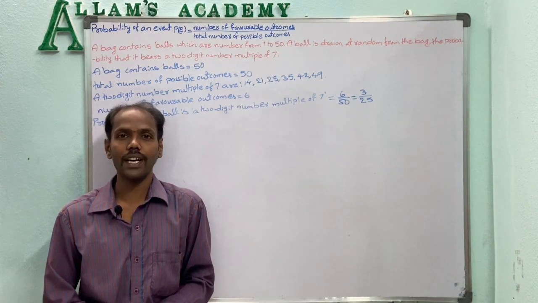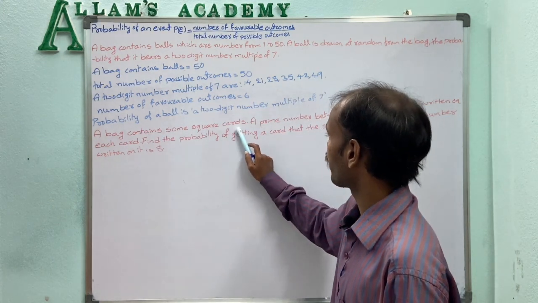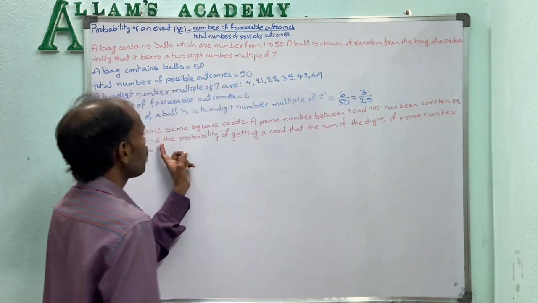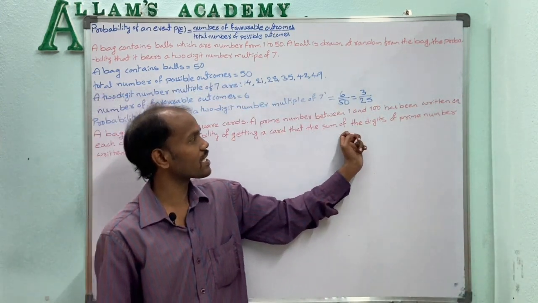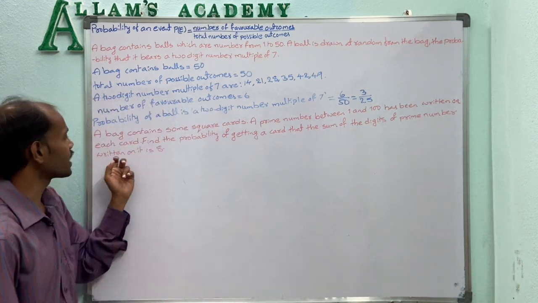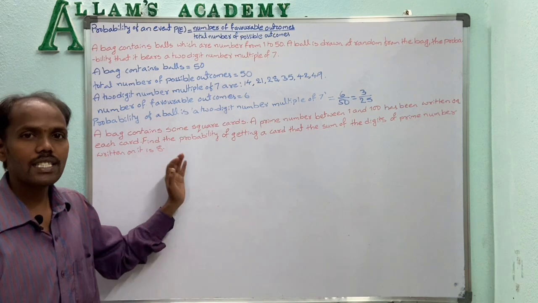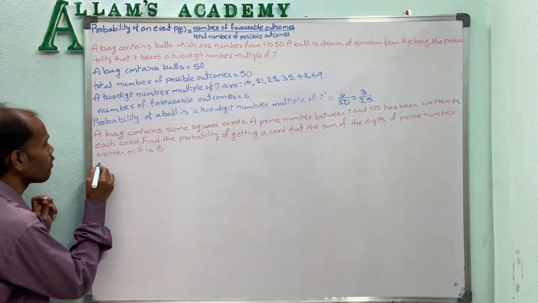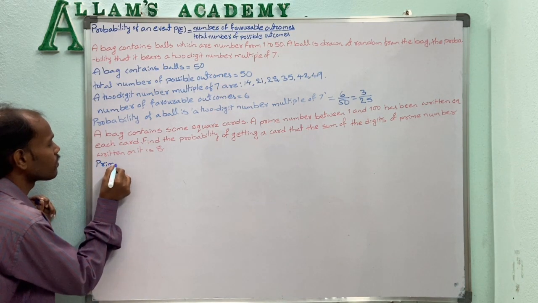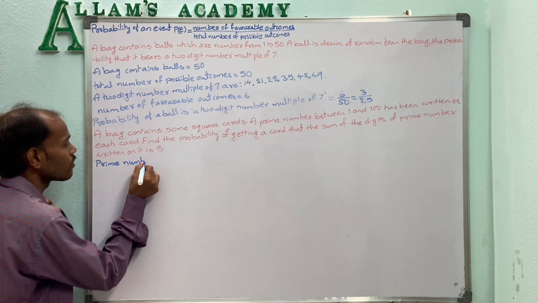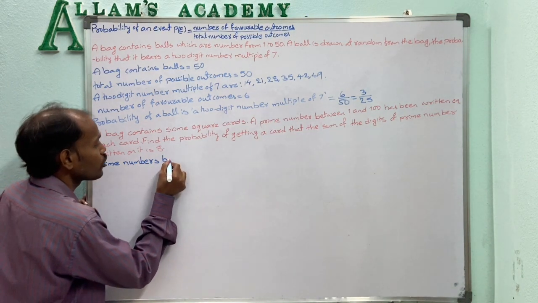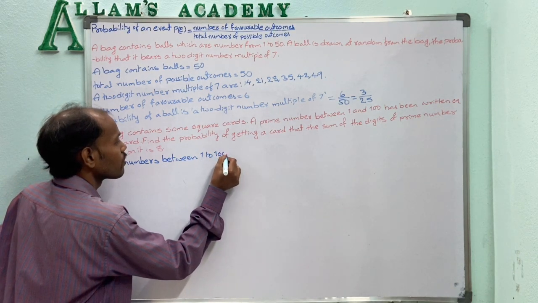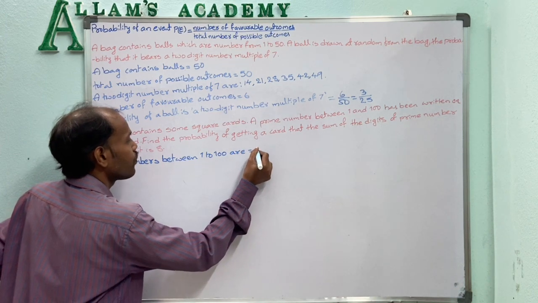A bag contains some square cards. A prime number between 1 and 100 has been written on each card. Find the probability of getting a card such that the sum of digits of the prime number written on it is 8. That is the problem given. At first we have to take the prime numbers between 1 to 100. Prime numbers between 1 to 100 are 25.